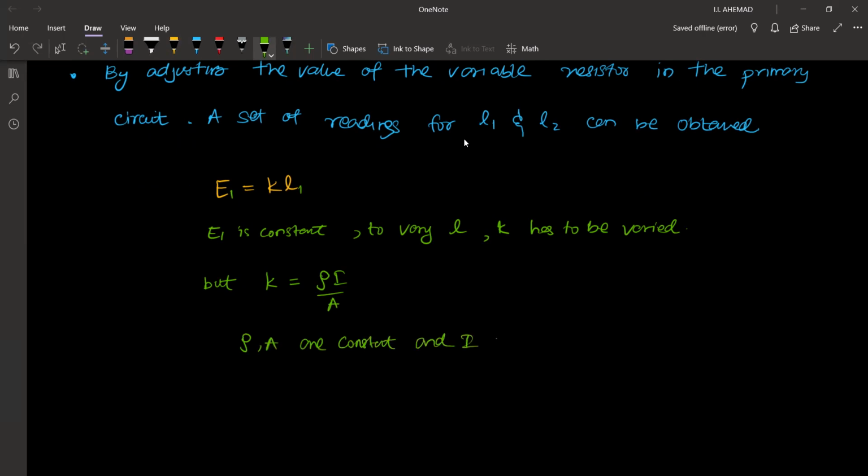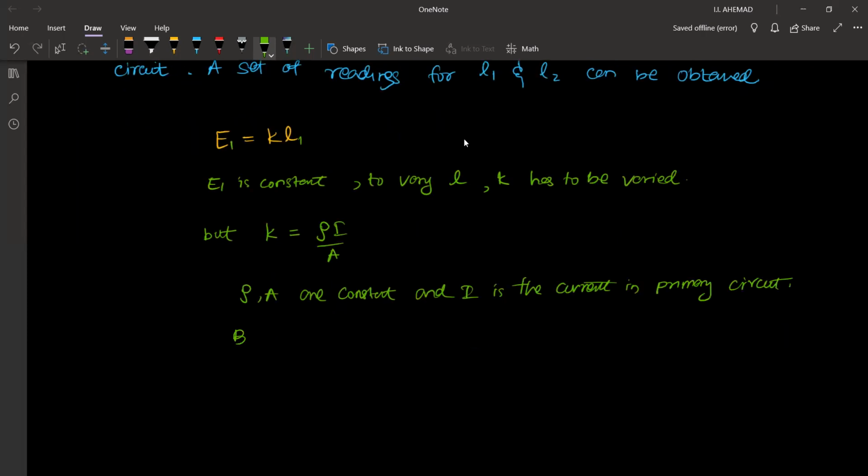And I is the current in the primary circuit. By varying R, I is varied. Hence, K and the balance length L are varied.